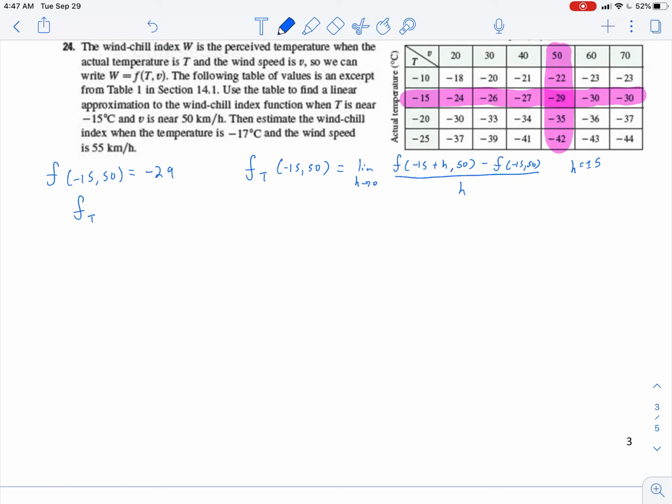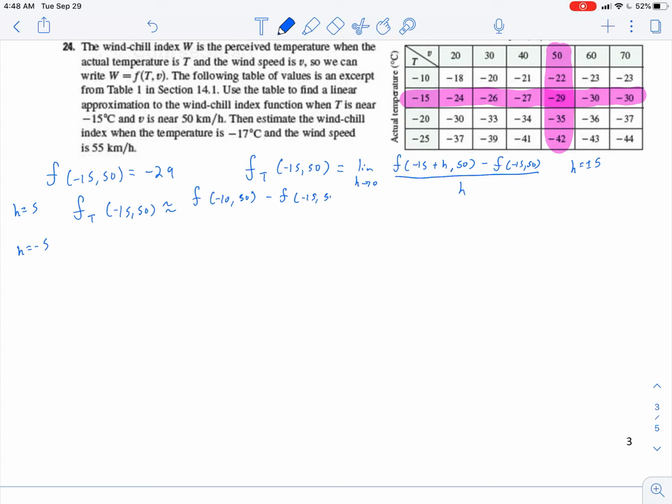All right, so let's go ahead and approximate. So we're going to do the first one. So negative 15, 50, and approximating it, we're going to have f of (negative 10, 50), because our first value we said is going to be positive 5. So, over here I can say when h is equal to 5. All right, and then the next one's going to be when h is equal to negative 5.